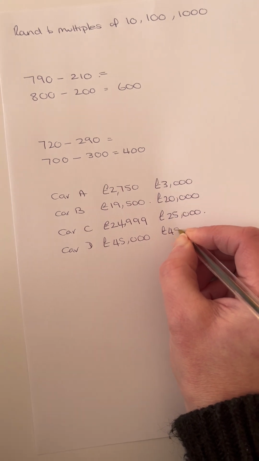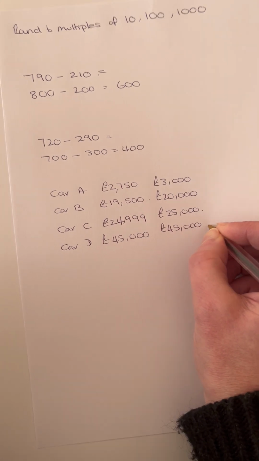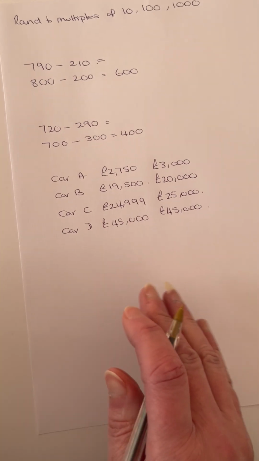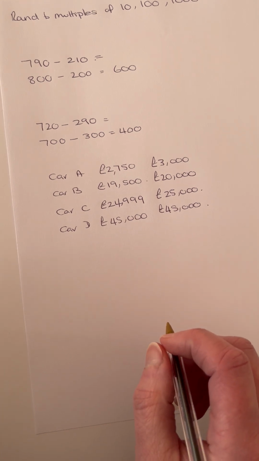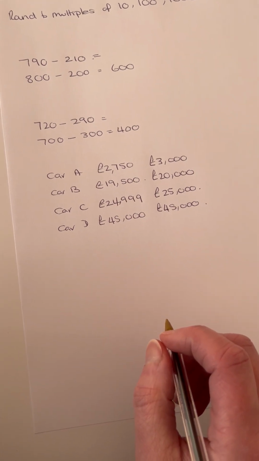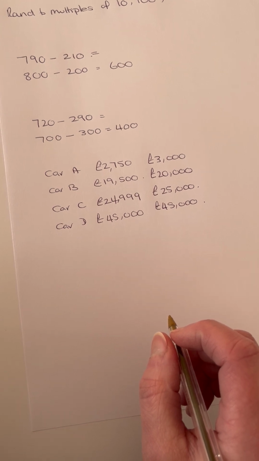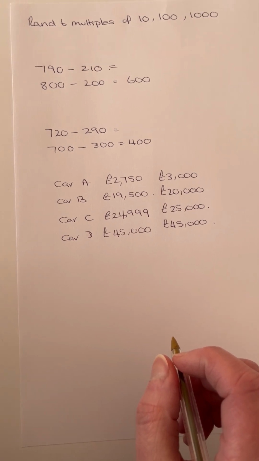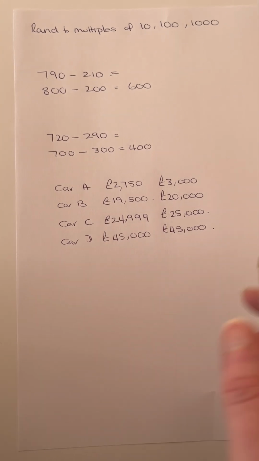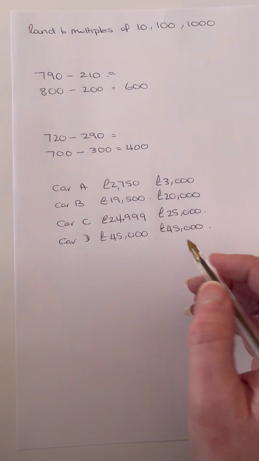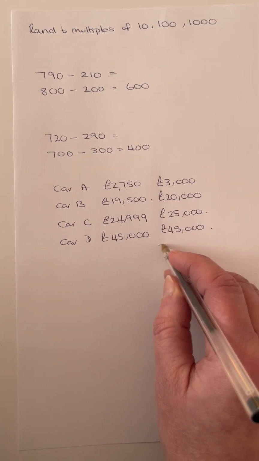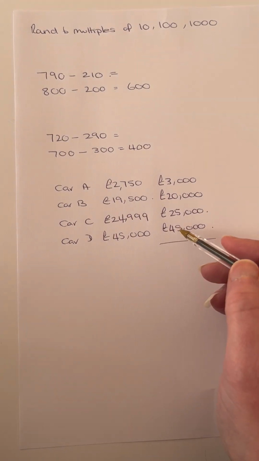And car D, we can just leave it £45,000. So if we needed to estimate the cost of all 4 cars, we can do that quite easily now. I could just add all these up quickly.